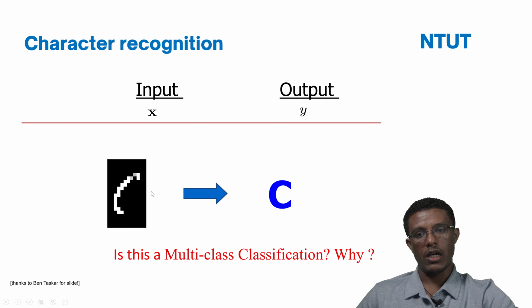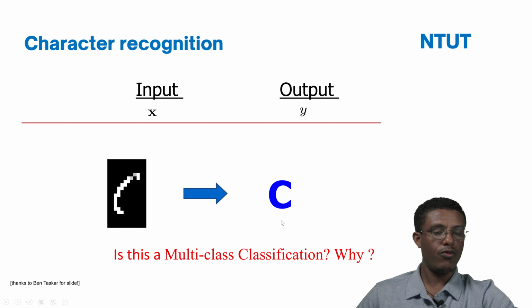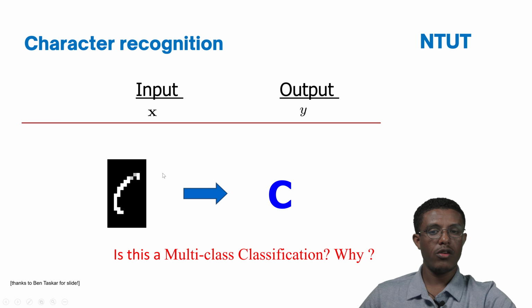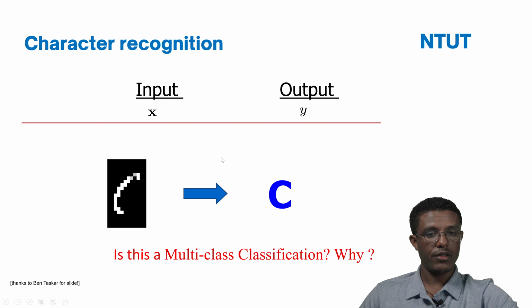Maybe the model sees it as L, or maybe U. So the result may be L, C, U, or any other character. It is not only specific to this one. C may be the most accurate, but the model also predicts other characters, because there are so many. So the expected output may be other characters also, and we can say that it is a multi-class classification.